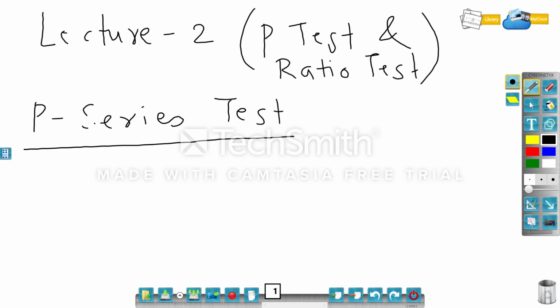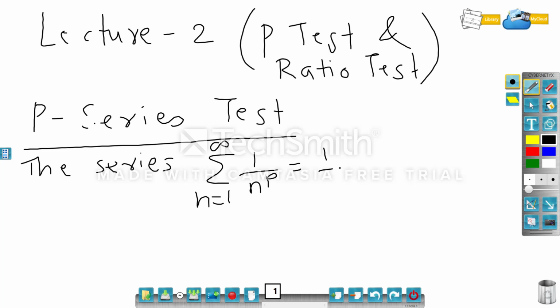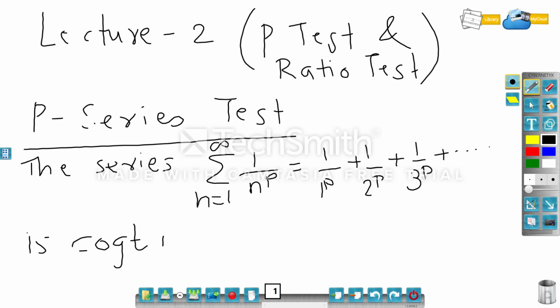The theorem says that the series sigma 1 upon n to the power p, n goes from 1 to infinity, which looks like 1 by 1 to the power p plus 1 upon 2 to the power p plus 1 upon 3 to the power p plus dot dot dot, is convergent if p is greater than 1 and diverges if p is less than or equal to 1.